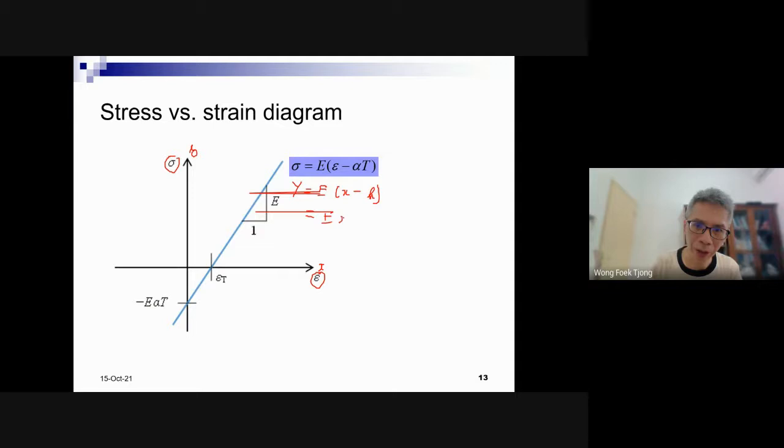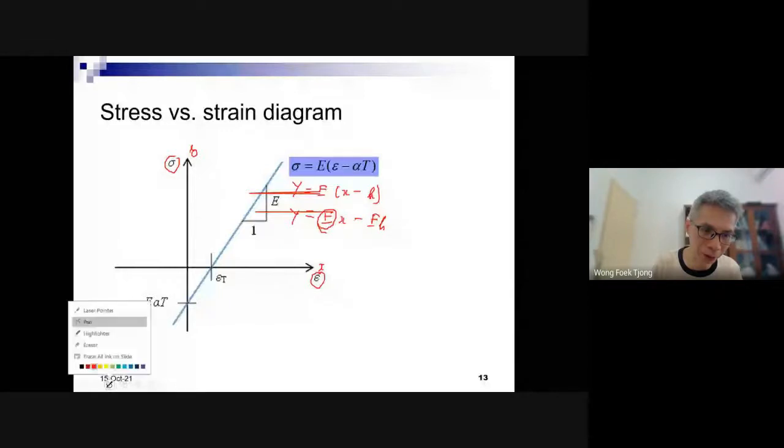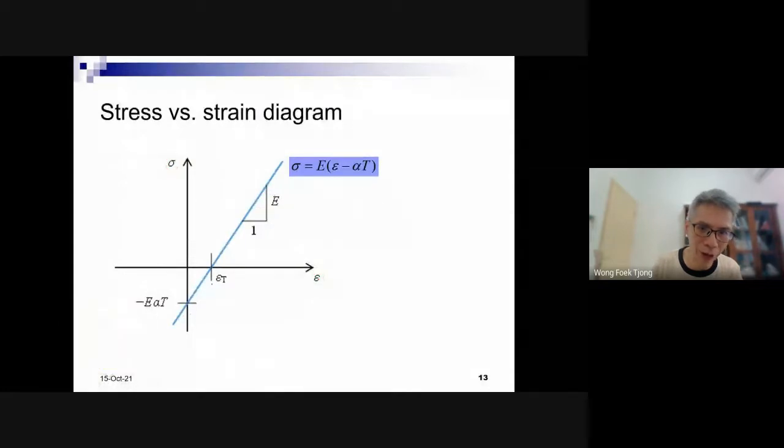So this is the slope of the graph, a line like this. This is a linear function. And actually, the modulus of elasticity is the slope of this line.